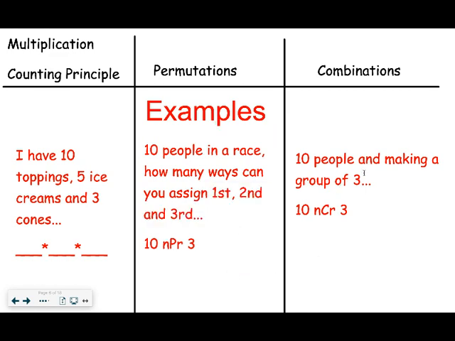For a combination problem, you have 10 people in a class and you're making a group of 3 people. For the group of 3, it doesn't matter who gets picked first, they're just part of that group. And so this is 10 nCr 3. Again, feel free to catch up on those, and we're going to get to some examples here.